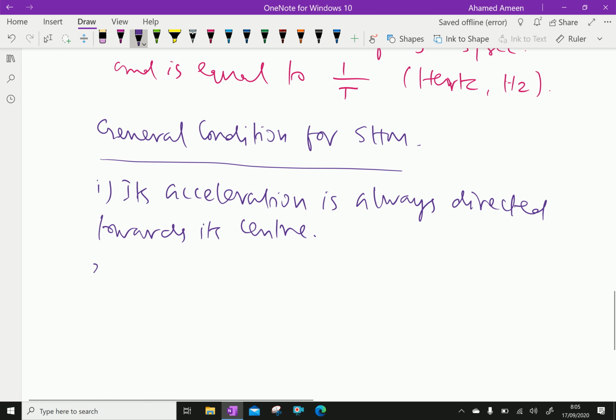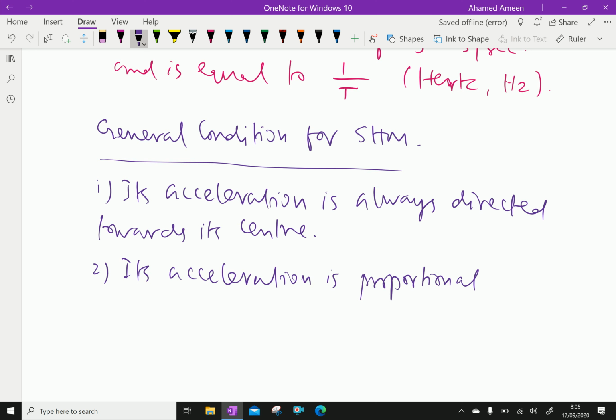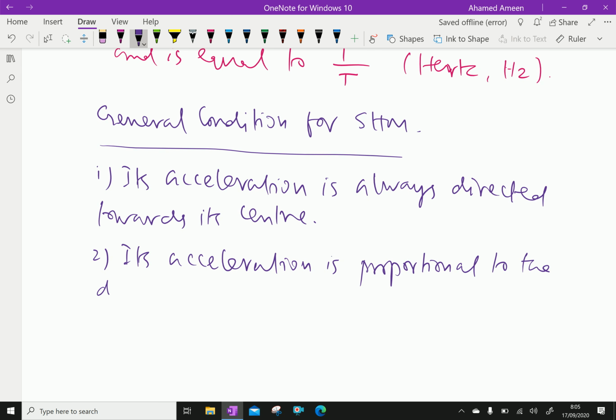Second, its acceleration is proportional to the distance from that point.